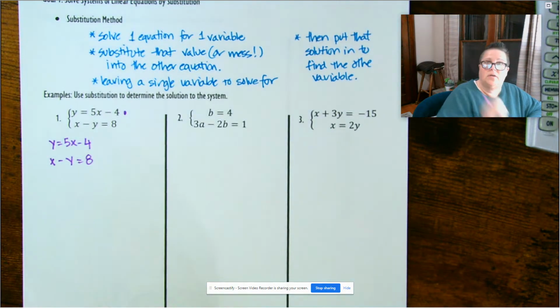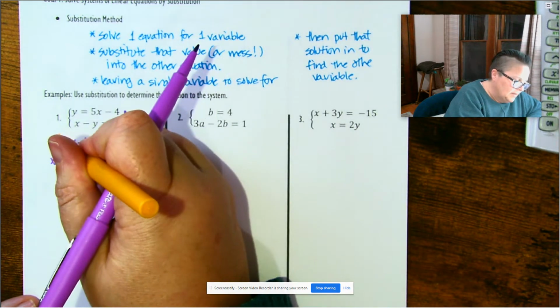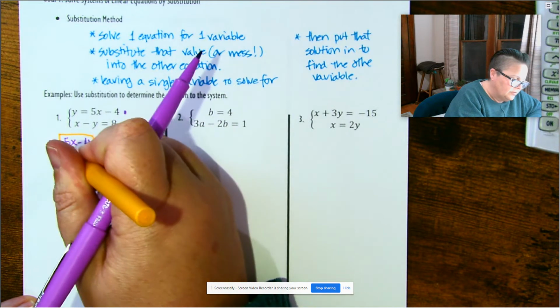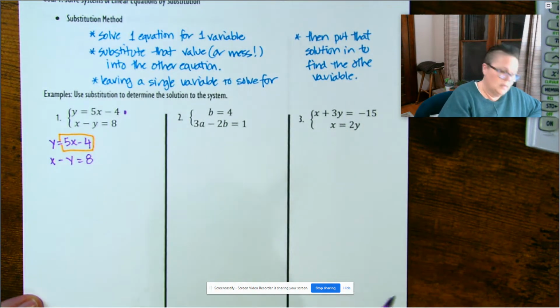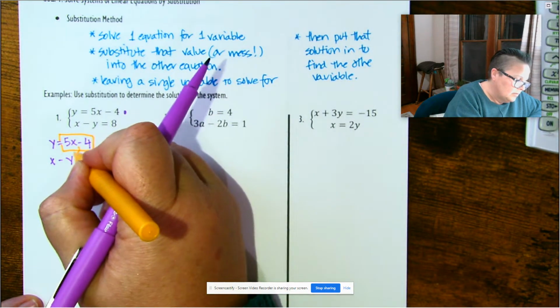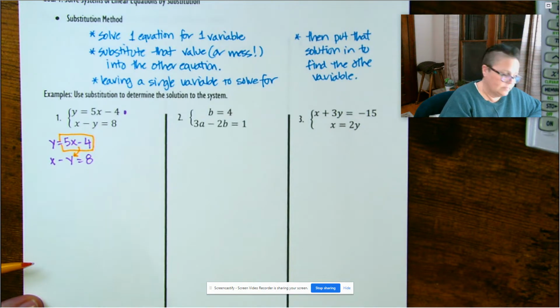We also have x minus y is equal to 8. Neither variable is solved for here, but in that first equation, we have y all alone on one side. So I'm going to take this 5x minus 4, which I already know is the same thing as y, and I'm going to put it in for the y in the second equation.